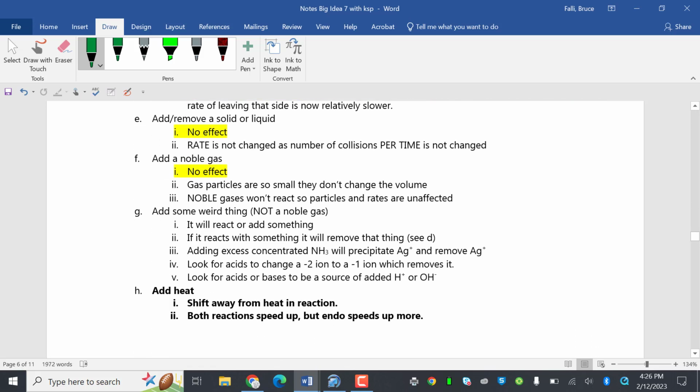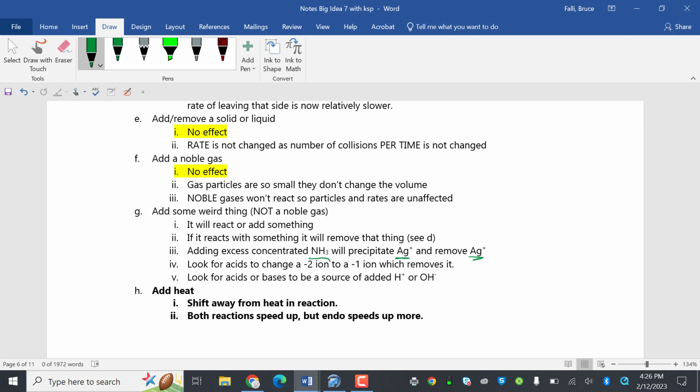Add some weird things that are not a noble gas. If it adds something that's not a noble gas, it will react. If it reacts with something, it will remove that thing. Adding excess concentrated NH3 will precipitate Ag positive and remove Ag positive. Look for acids to change a -2 ion into a -1 ion that removes it.